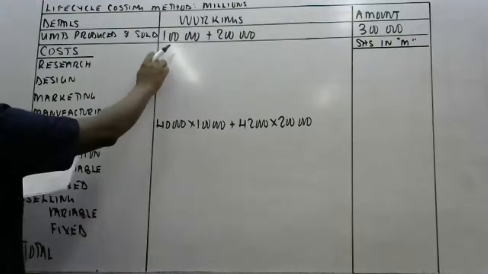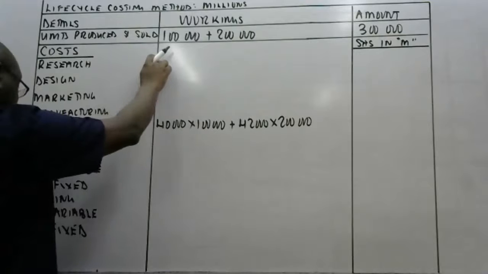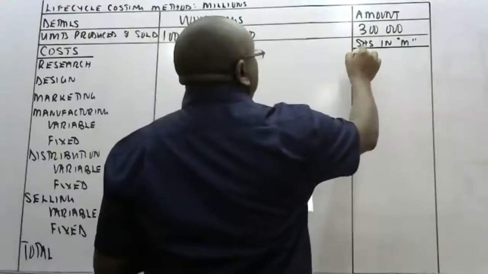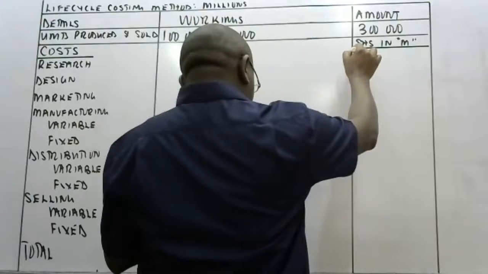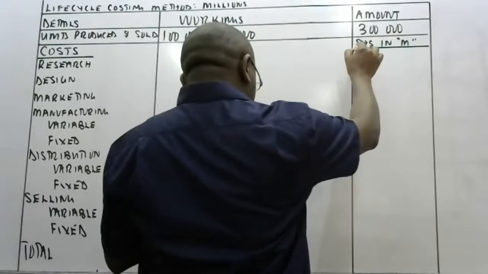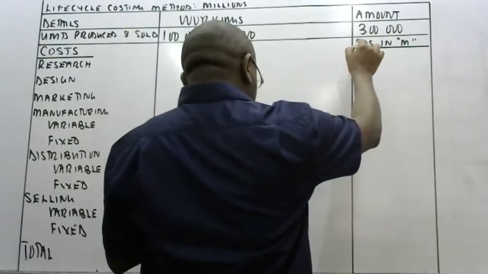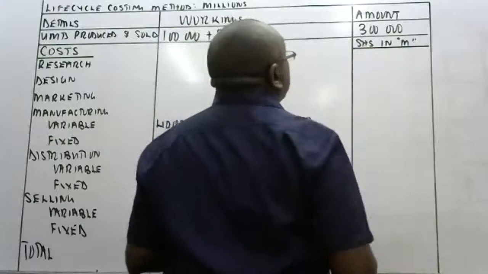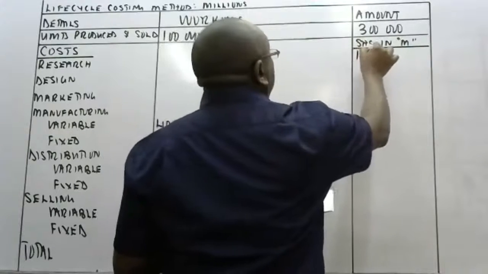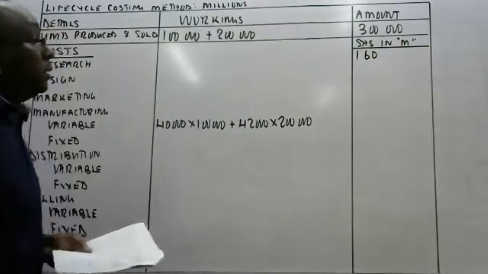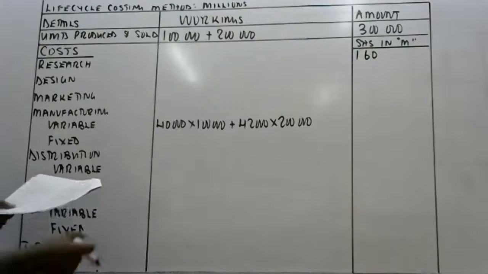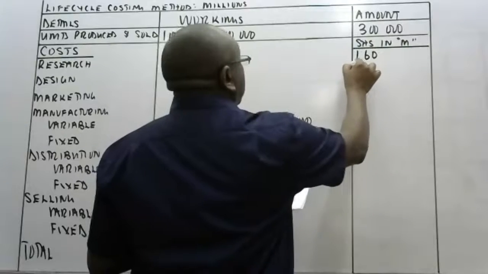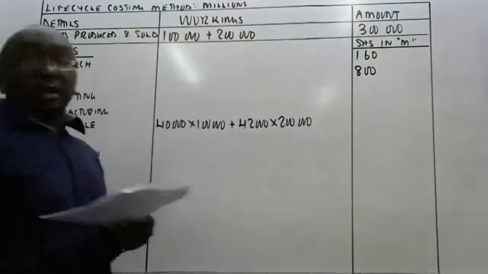So for research I just have 160. That one does not have a working. Design, I just have 800.